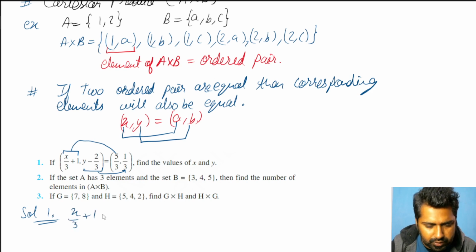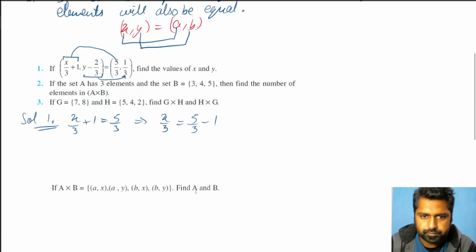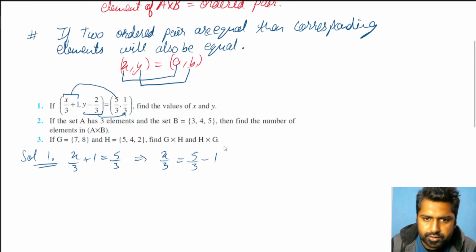x by 3 plus 1 is equal to 5 by 3. So x by 3 is equal to 5 by 3 minus 1. If we further solve this, we get x by 3 is equal to 2 by 3.